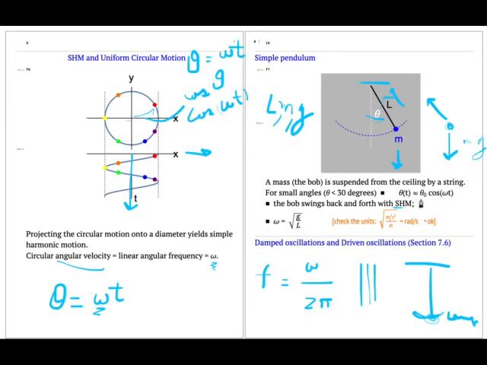You know, theta 0 is the amplitude. Theta is varying between, let's say, 30 degrees and minus 30 degrees. But it could be 15 degrees and minus 15 degrees. Or it could be 5 degrees and minus 5 degrees. The frequencies are all the same. So you can picture Galileo in the cathedral making a small displacement of the lamp and then watching it swing back and forth.